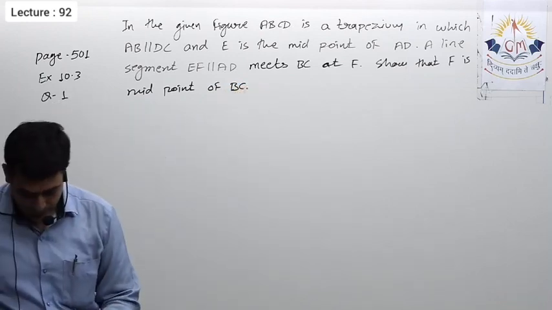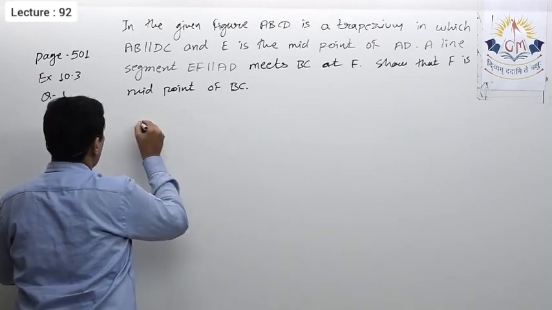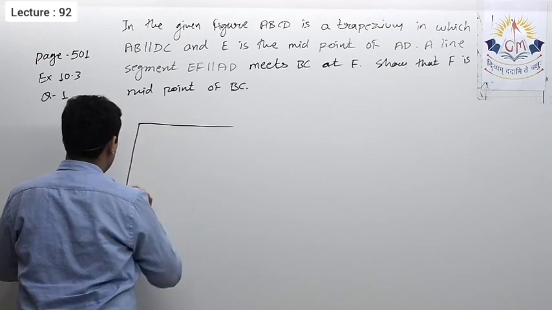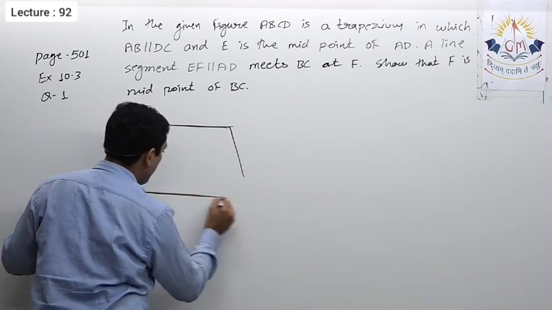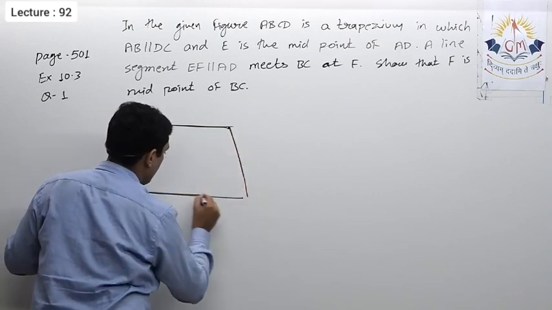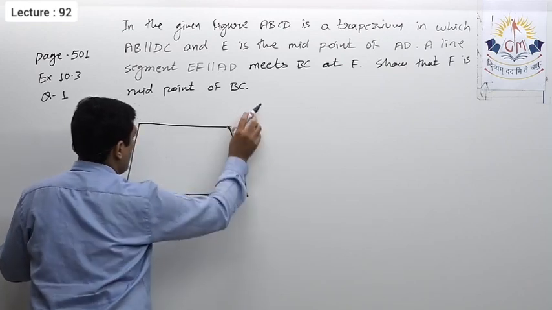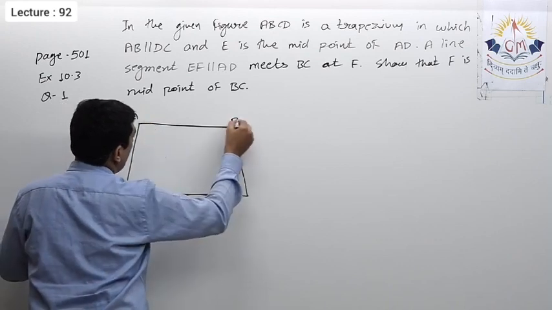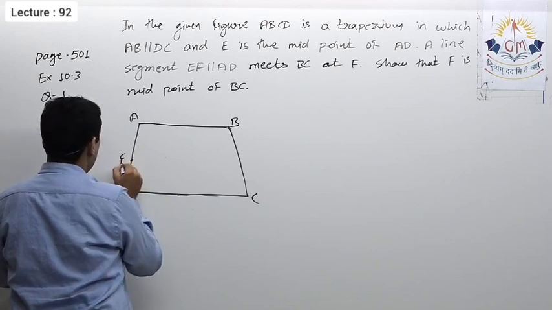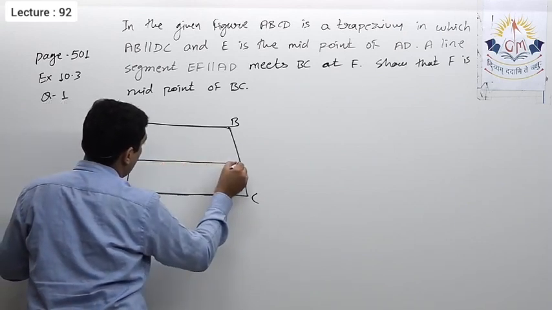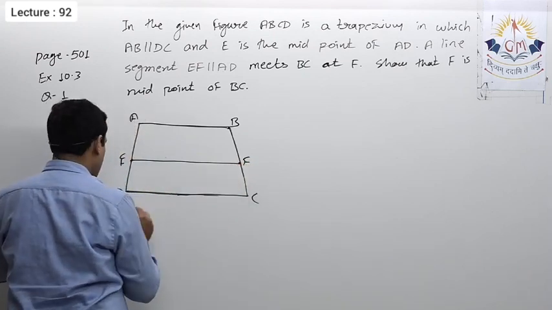Okay, given ABCD is a trapezium and E is midpoint of AD. So this is something like diagram is given. AB parallel CD, midpoint of AD is E, then EF parallel AB is drawn. We have to prove F is midpoint of BC. It's very easy.